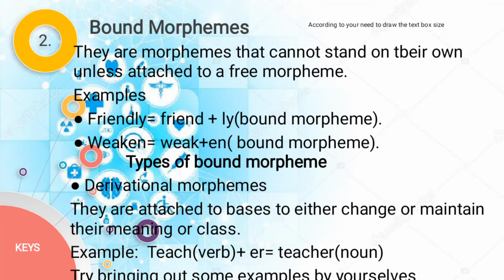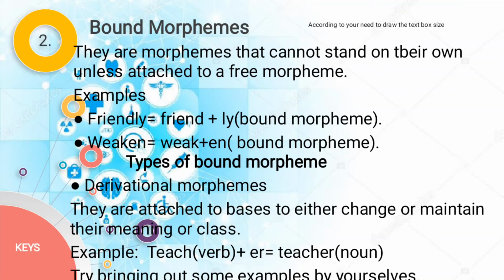Bound morphemes are also divided into 2 types. One is the derivational morphemes. These are morphemes that are attached to bases either to change or maintain their meaning or class. They are normally referred to as class changing or class maintaining bound morphemes. An example: the word teach, which is a verb, plus the bound morpheme er, making teacher.